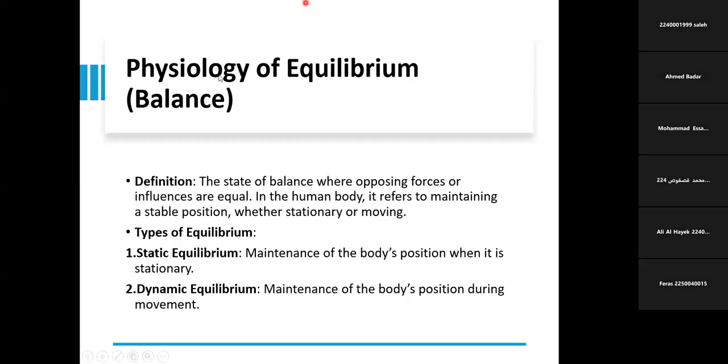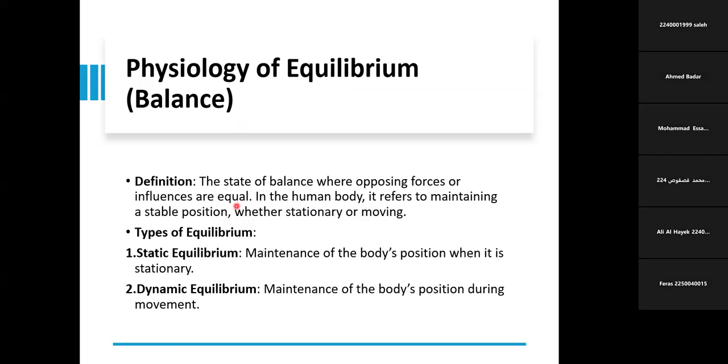Now, one of the big functions of the nervous system is equilibrium, which in simple words, we call balance. So the state of balance is where opposing forces or influences are equal. Gravity is trying to pull us down and to make us fall to earth.